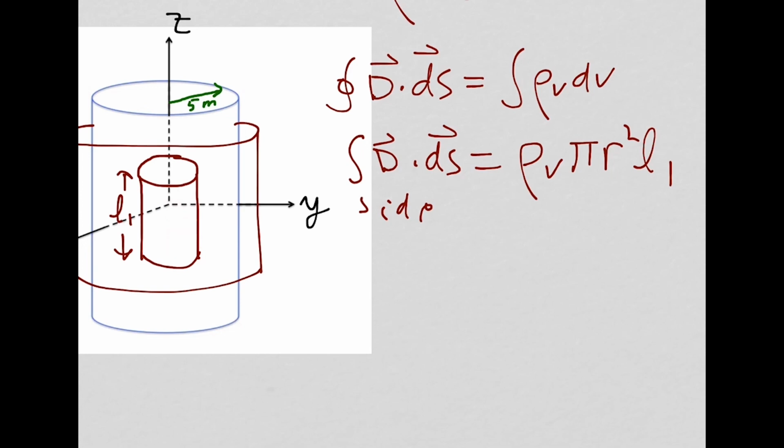So the integral of D dot dS over the sides will just be the value of D on the side times the area of the side. That would be D sub rho times 2 pi rho times L sub 1. So 2 pi rho is the circumference of the base of the cylinder, and L sub 1 is the height, so this is the area of the side.